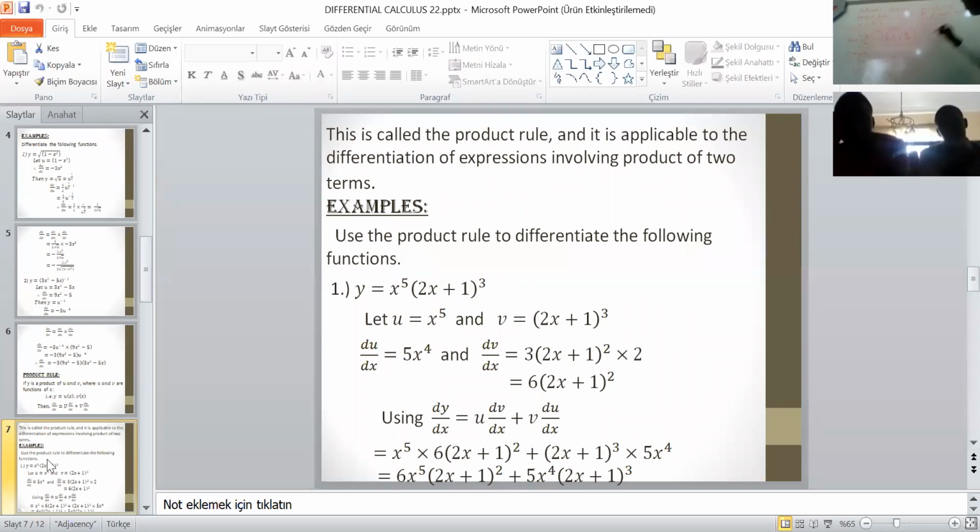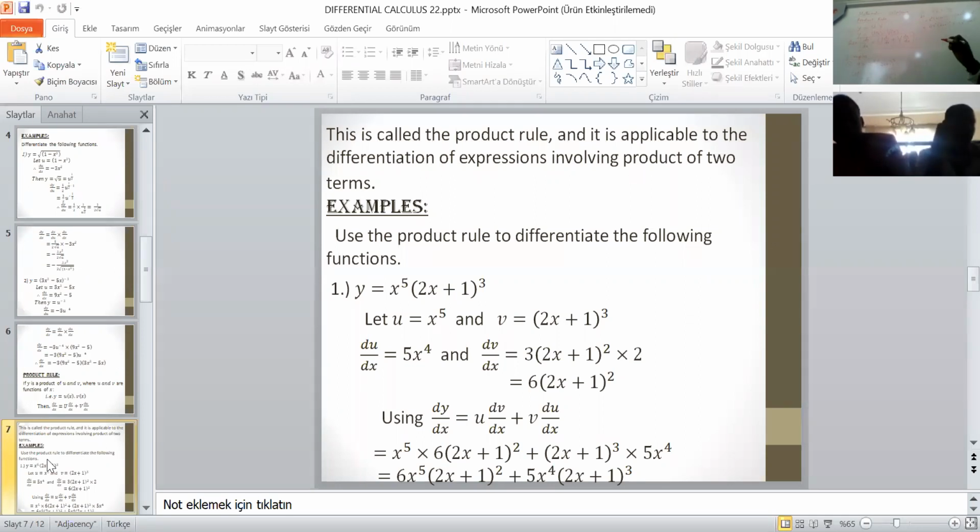Our du dx is 5x raised to the power of 4. Now, if you open this bracket, that's going to give you 6x raised to the power 5, then (2x plus 1) raised to the power 2, plus 5x raised to the power 4, then (2x plus 1) raised to the power 3.